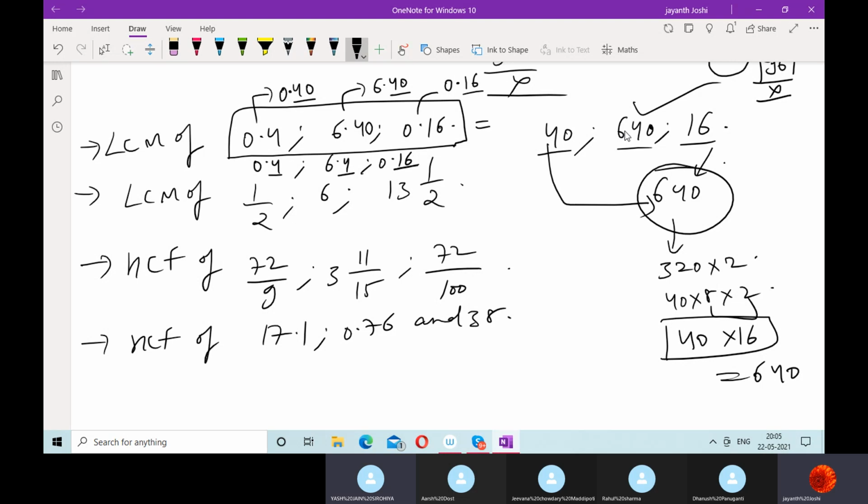I will bring back this to the same position: 6.40. So this is your LCM. When 640 is the LCM of 40 and 16, 6.4 is the LCM of 0.40 and 0.16. Come on, note this down.